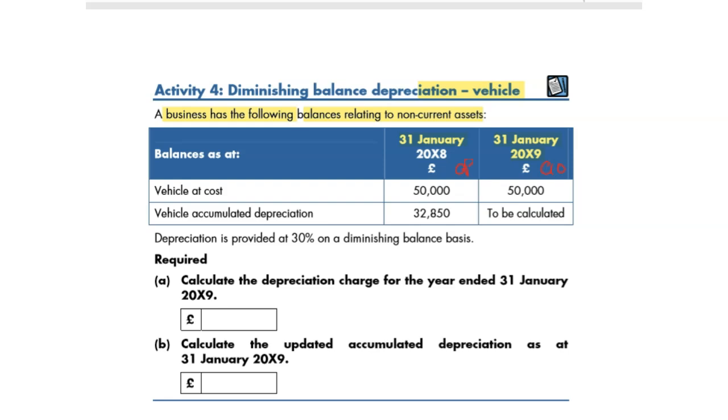What is happening here is vehicle at cost 50,000, and cost will remain cost. We know this. Vehicle accumulated depreciation for the first year 2018 is 32,850, and this year's is not known. We know how to do it. We have to find the charge for this year and add it to the accumulated depreciation.